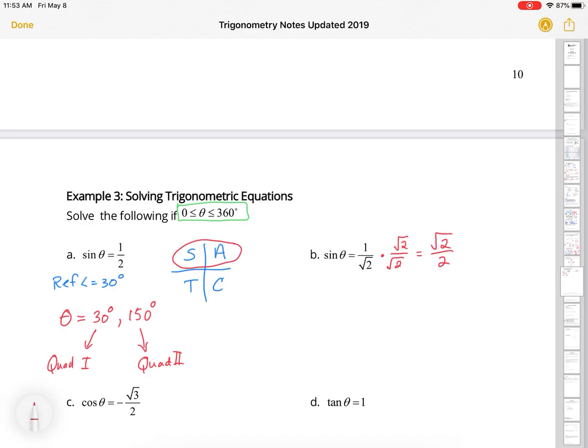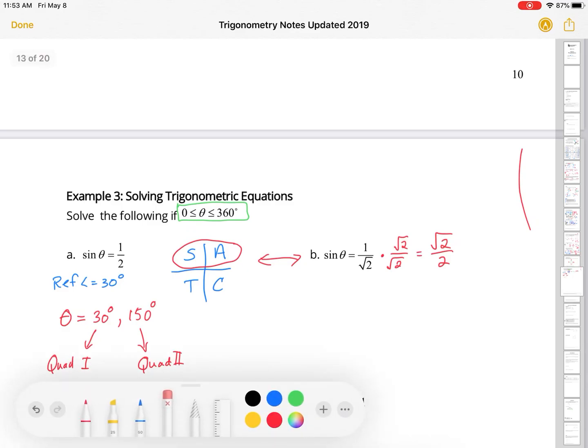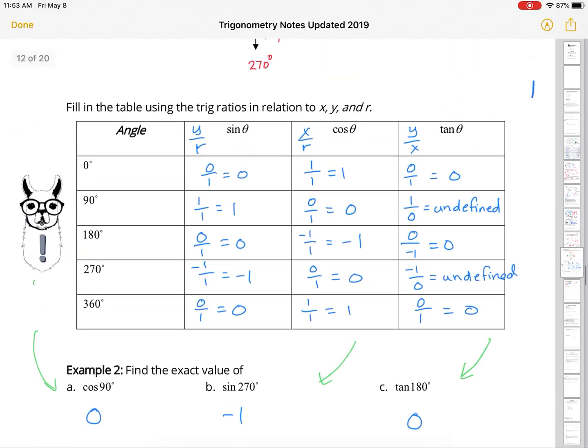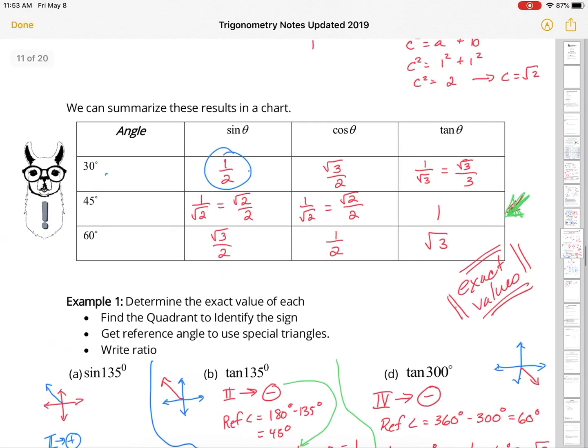Sine of theta is 1/√2, which if we rationalize, as we should, we'll get √2/2. And it's positive, so we can use the same graph there. So let's go back and find out where that would be.